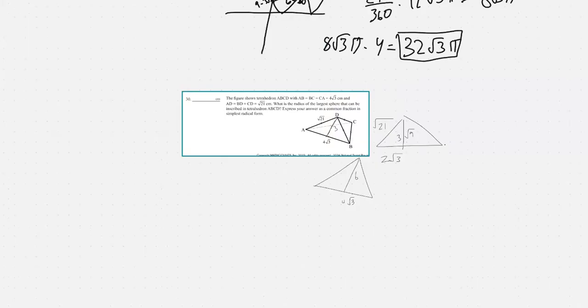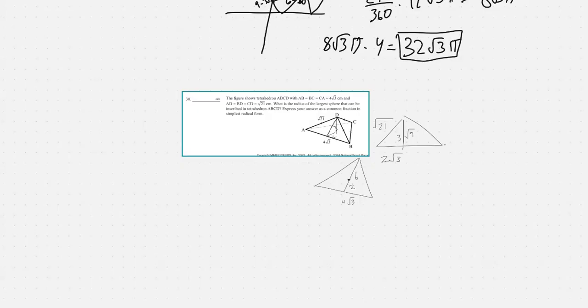You have 2, and then now we know that the height is 2. So we can take the cross section through CD perpendicular to AB, and we get this triangle.